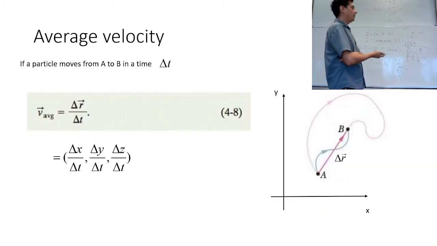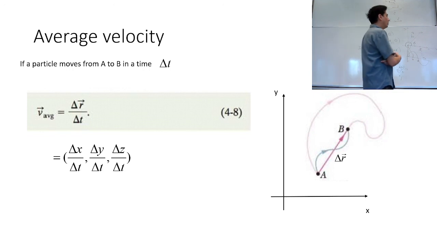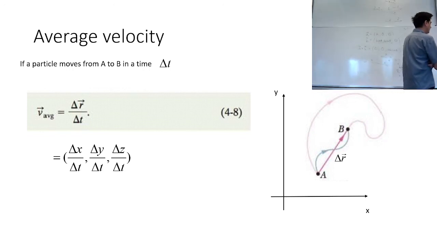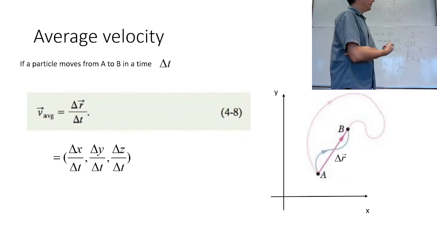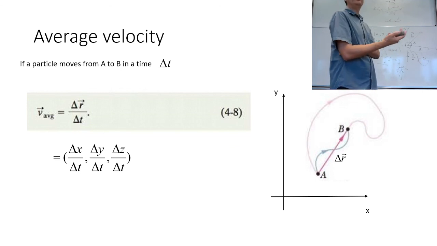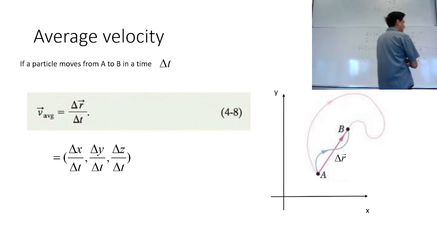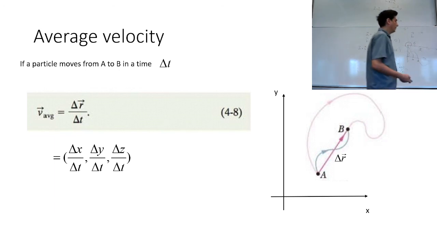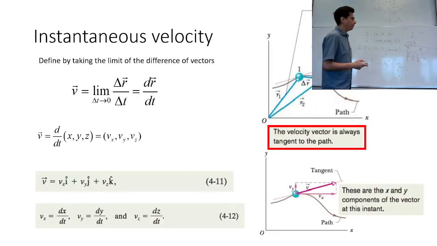Average velocity: all these formulas look a lot like the case for 1D, where you look at the displacement and divide by the time, but now the position and velocity are vector quantities. Time is, of course, a scalar, so you're just dividing by some number.